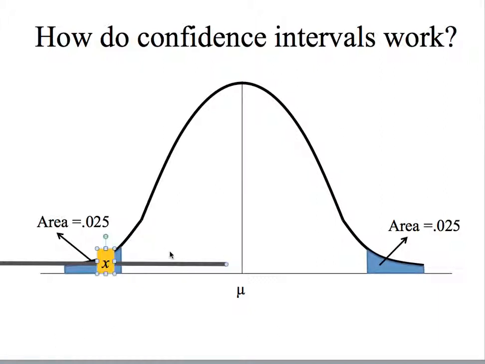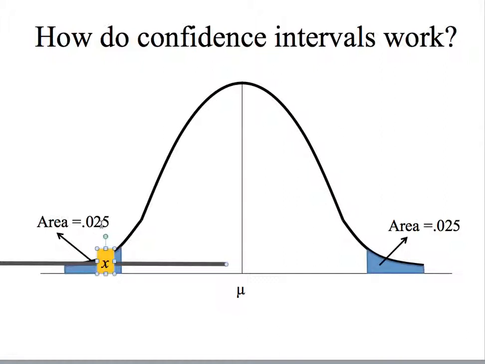Now, that can happen, but here's the trick. We know that can happen, but that would happen only 5% of the time. That will happen only in 5% of the samples that we take, that they will be out of the confidence interval. In this case, samples that are so low that the population parameter is not in the confidence interval are going to occur only 2.5% of the time.